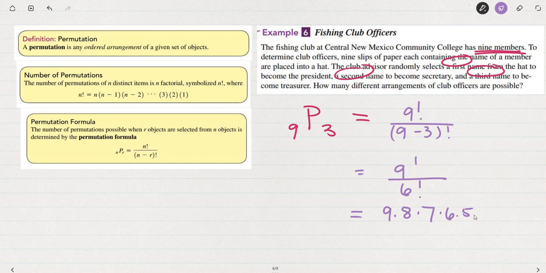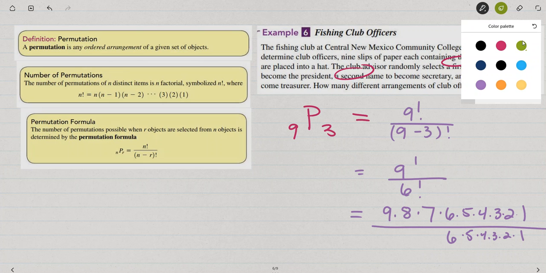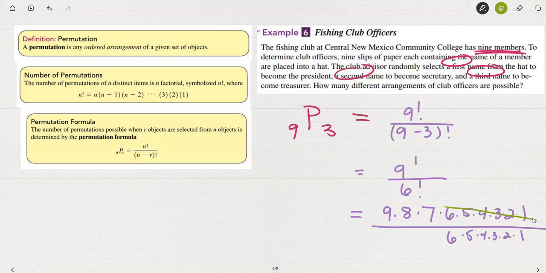Notice if I wrote the factorial all the way out, which I don't always want to do, and then I write the denominator, 6 times 5 times 4 times 3 times 2 times 1, all the way out, do you see that this 6, 5, 4, 3, 2, 1 reduces?